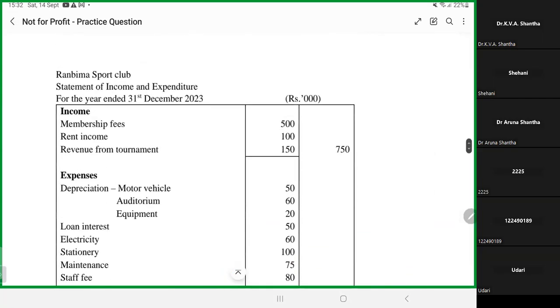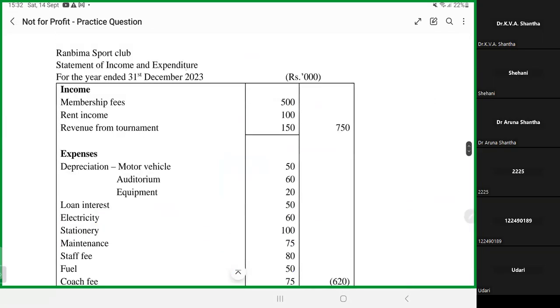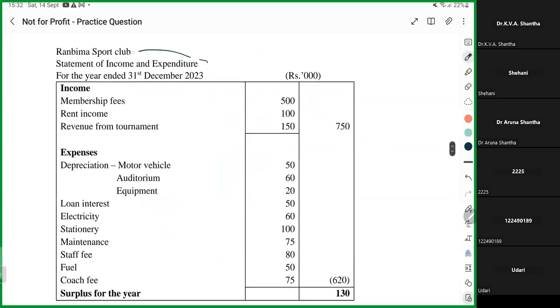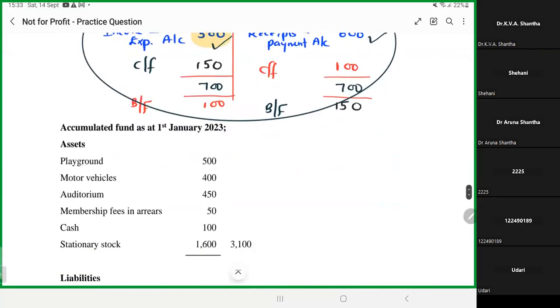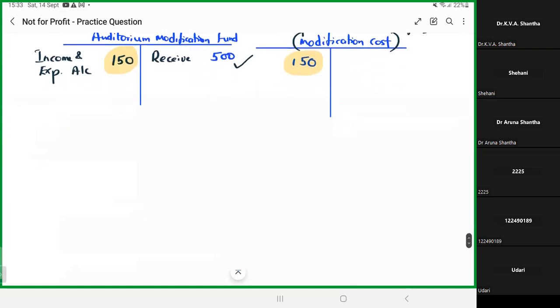Right. Now you see, in the statement of income and expenditure I prepared, I have not included that, but you can include it. Right. There are different accounting practices. So there are organizations which account a special donation like this.